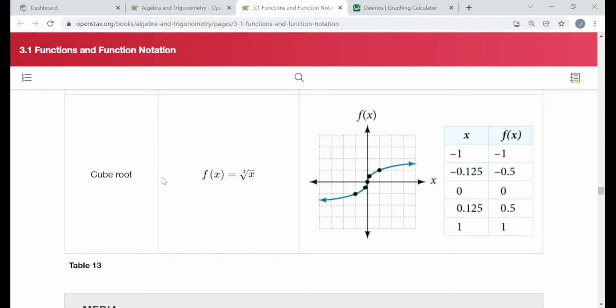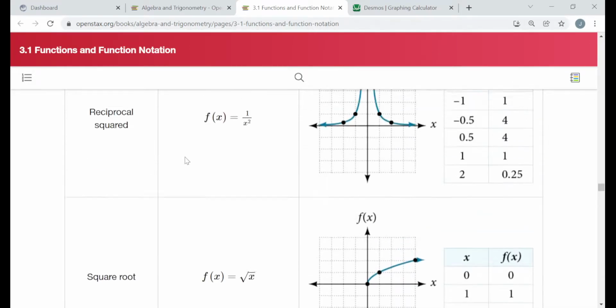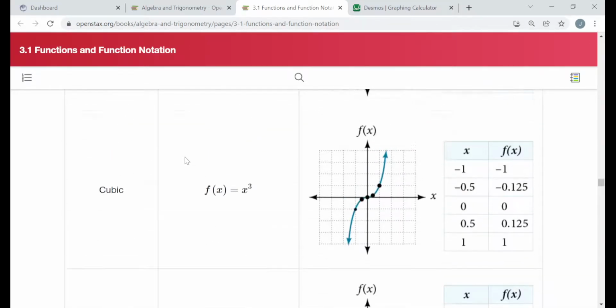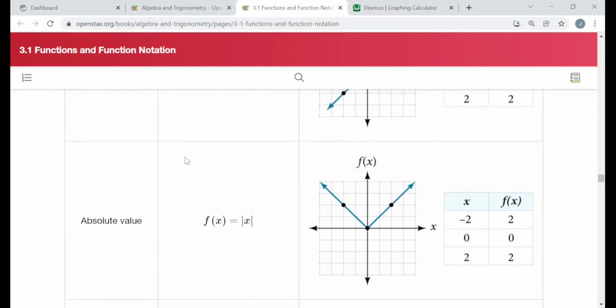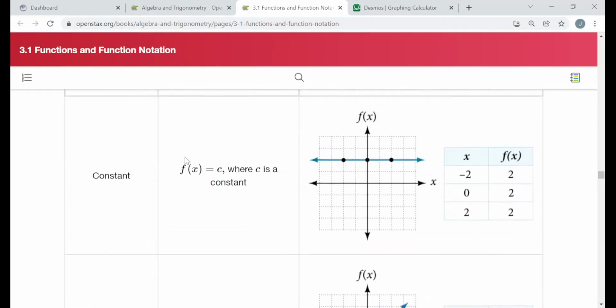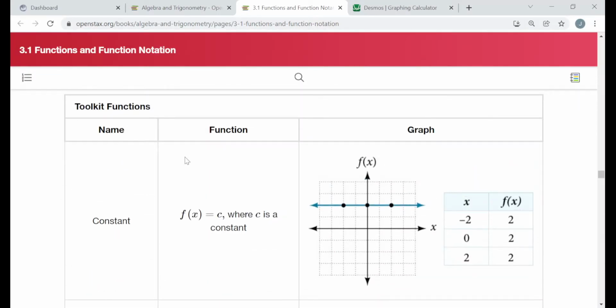Then you might even get into hyperbolic functions, hyperbolic sine, hyperbolic cosine. So please understand that this toolkit is really just the beginning of the basic functions you'll be learning about throughout your mathematical career if you continue on with it.